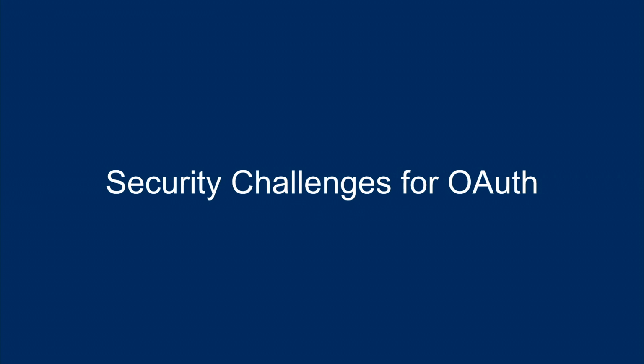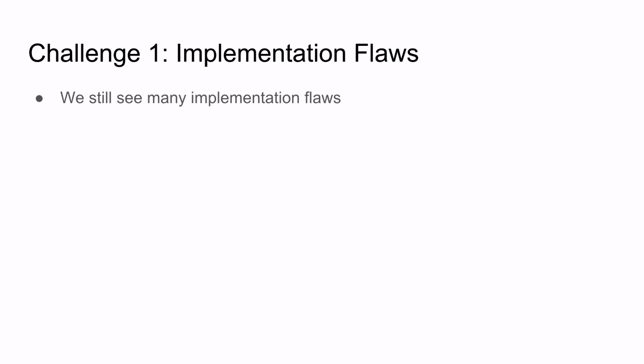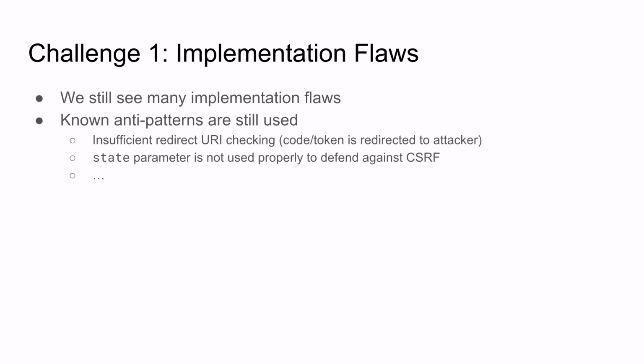Let's start with the first one. Implementation flaws. We talked about that. We still see a lot of them, and they are always the same. So people are always making the same mistakes. For example, insufficient redirect URI matching. So the code or the access token is being sent to an attacker very easily.